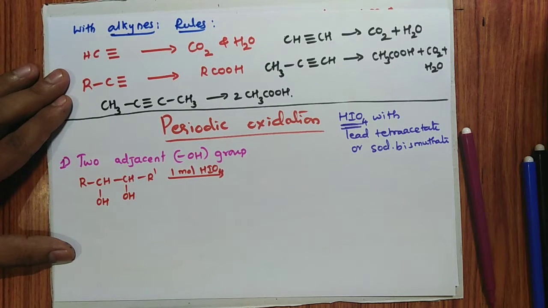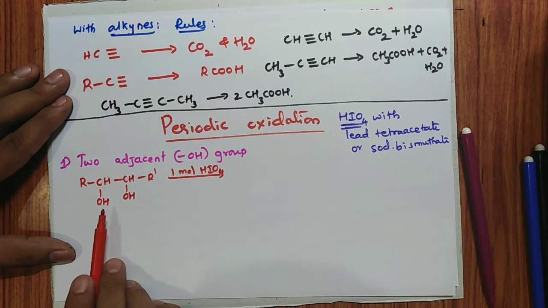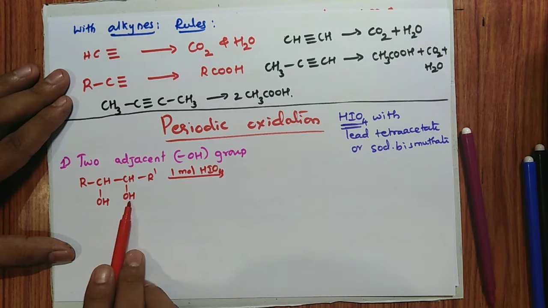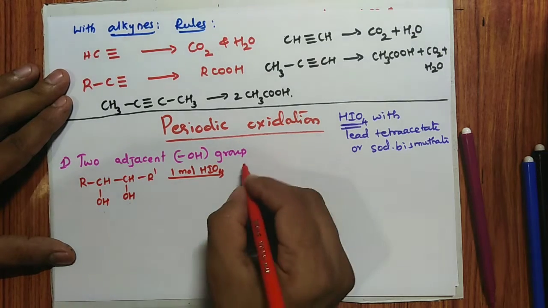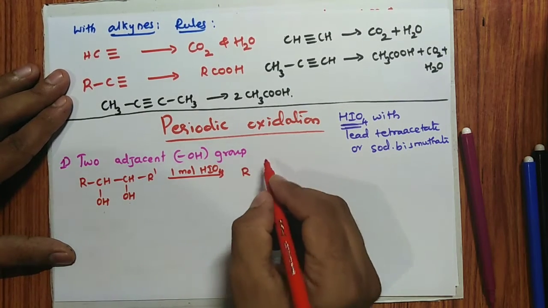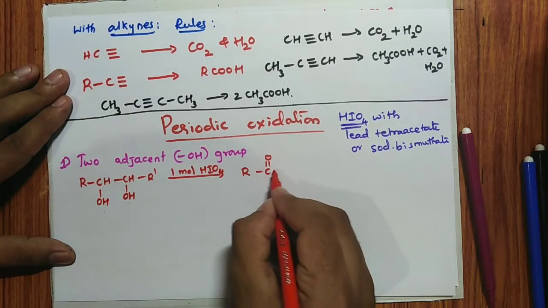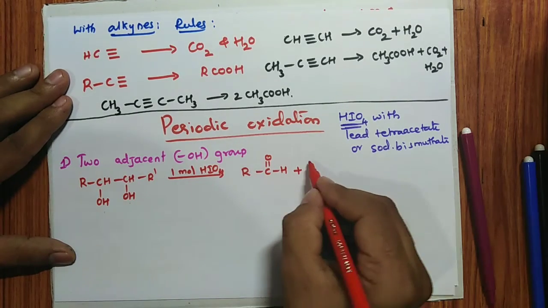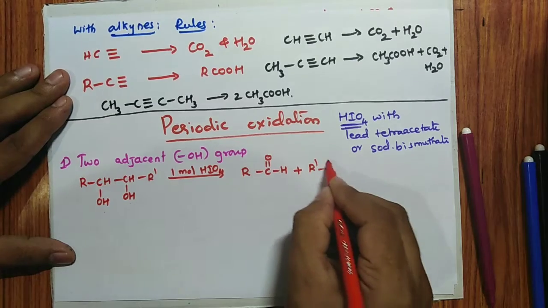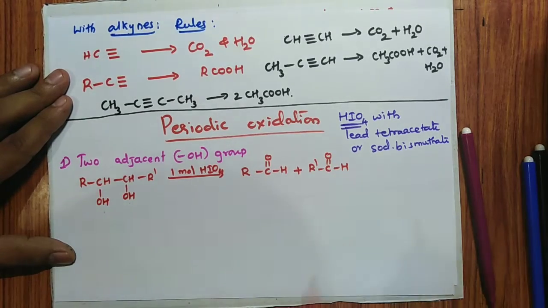How to calculate moles, I will tell you the trick: whatever the number of OH is there, minus 1. 2 is there, hence 1 mole of HIO4 is required. You are going to get RC double bond O, H plus R dash C double bond O, H.